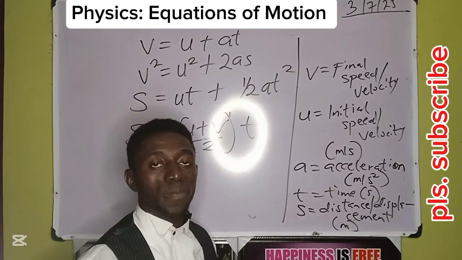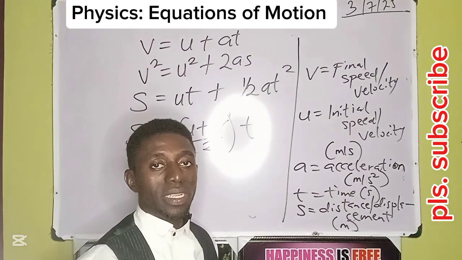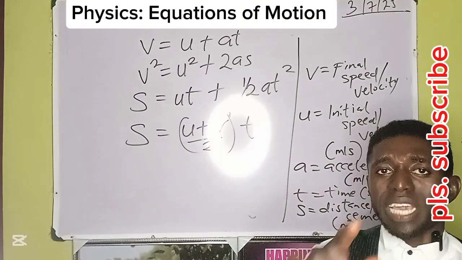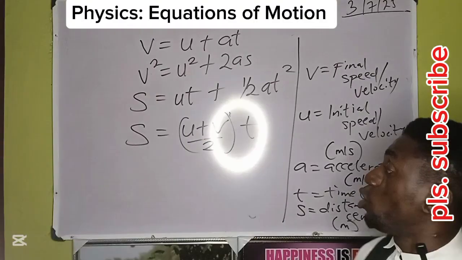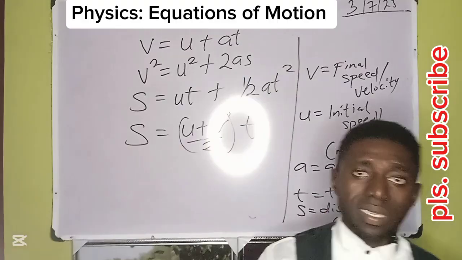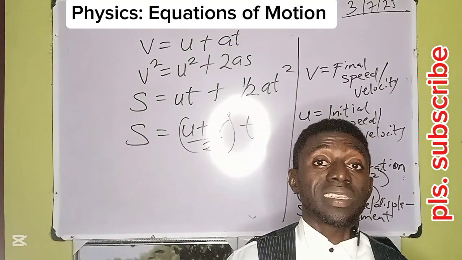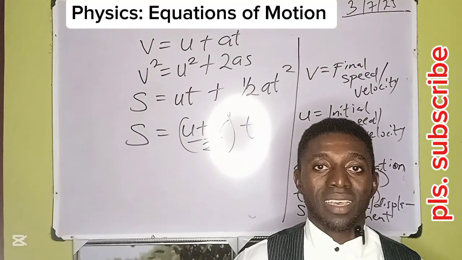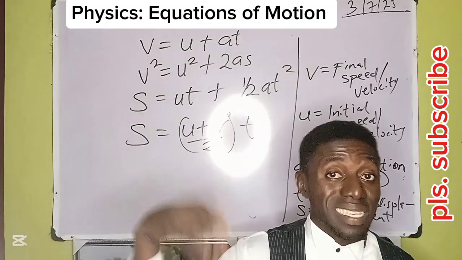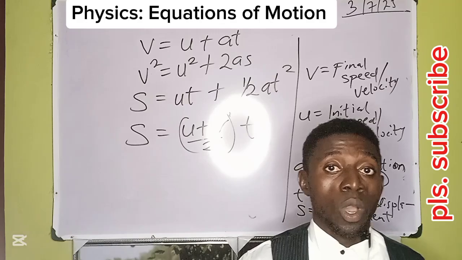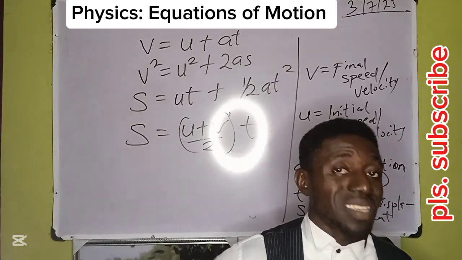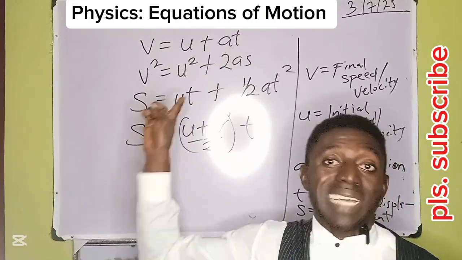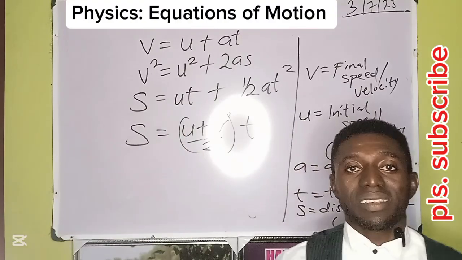X for distance or displacement, meter as the unit. If you observe the equations on the board, you'll notice that equations of motion are an example of kinematics. Here we are concerned with motion, distance, acceleration, speed, and time. We are not concerned with what causes the motion. There is no force. The equations of motion do not involve force. Therefore, this is kinematics and not dynamics.